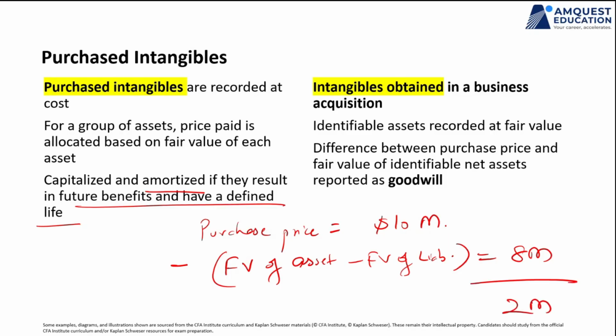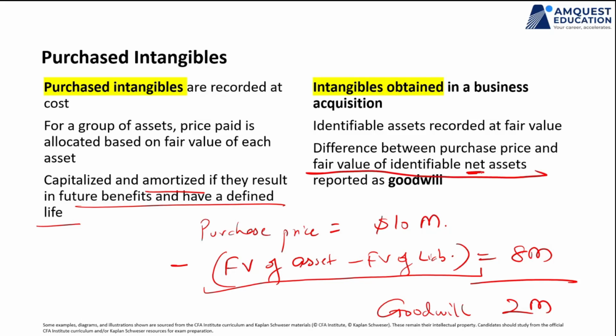The $2 million which you have paid additionally is basically what is called goodwill. So from purchase price, we subtract fair value of assets and liabilities. And this fair value of assets minus fair value of liabilities is also known as fair value of net assets. Right? Net assets means assets minus liabilities. What you get is goodwill of $2 million.